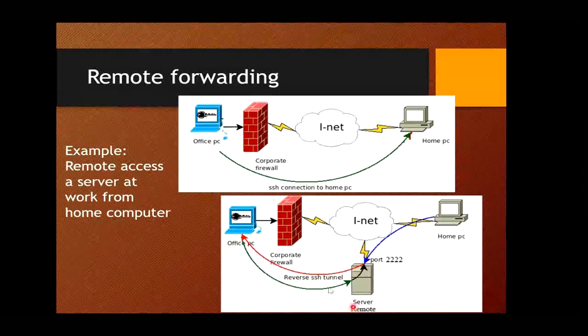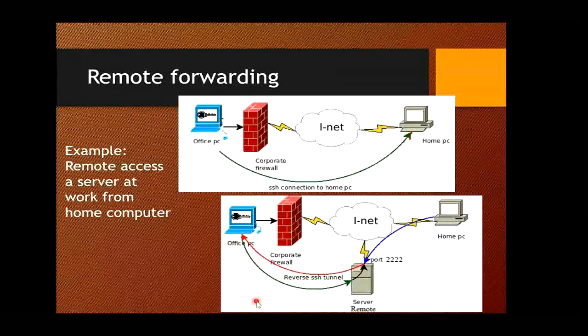Because you have established a secure connection between the office PC and home PC over port 22, using port 2222, which is the remote port, we can easily access the information.